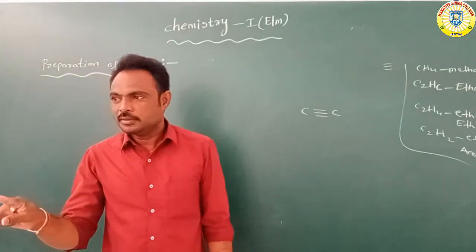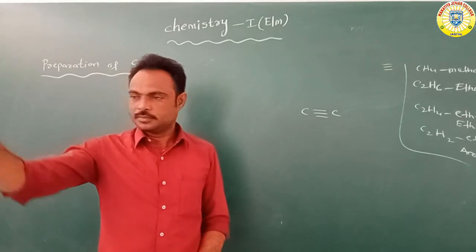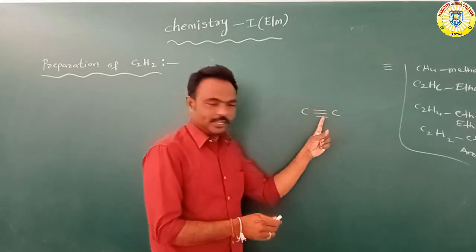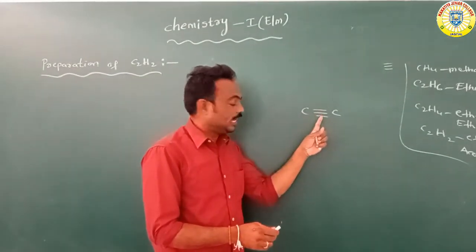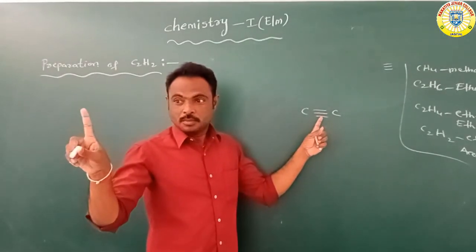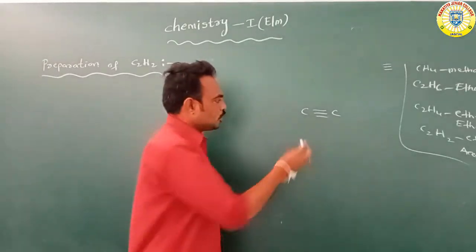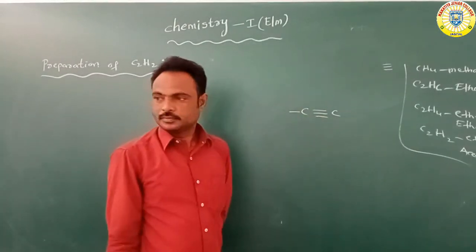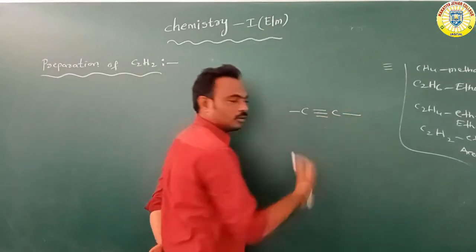Each carbon must contain how many bonds? 4 bonds. So this carbon contains 1, 2, 3, remaining 1 bond, because carbon contains 4 bonds. This carbon also contains 1, 2, 3, remaining 1 bond.